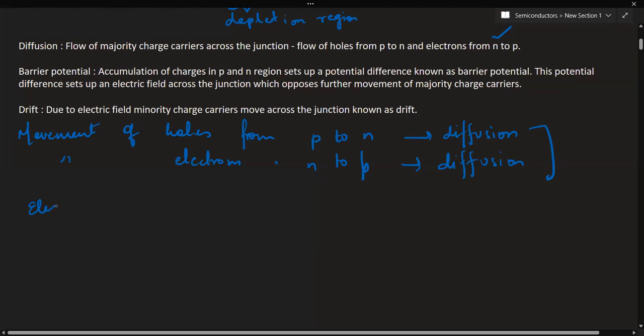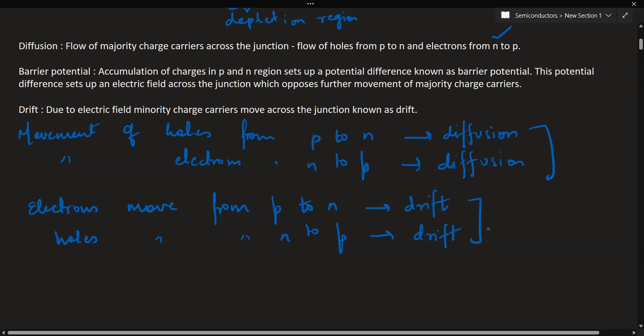Now see, when electrons move from P to N, this is occurring due to the phenomenon of drift. Drift means the electric field that has been set up. And when holes move from N to P, this is because of drift.